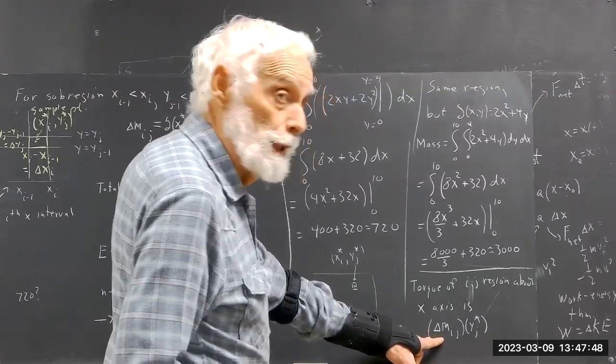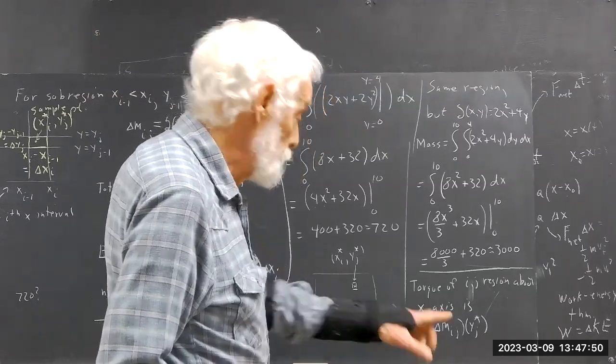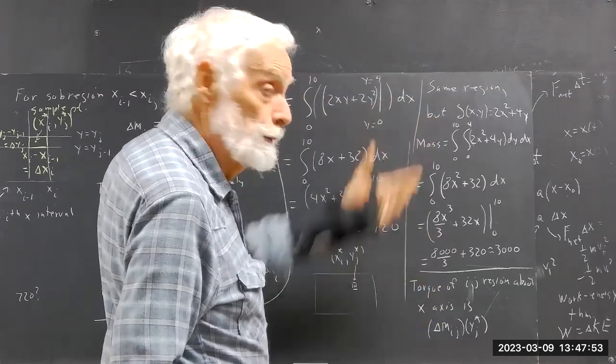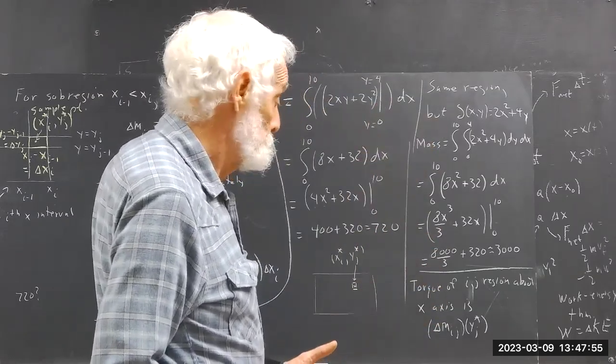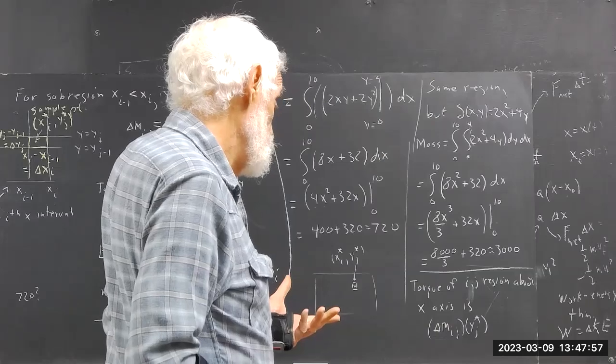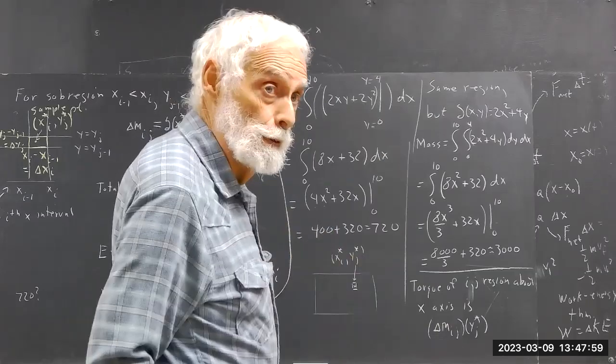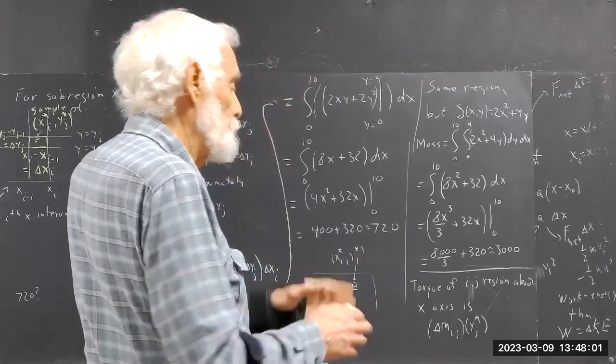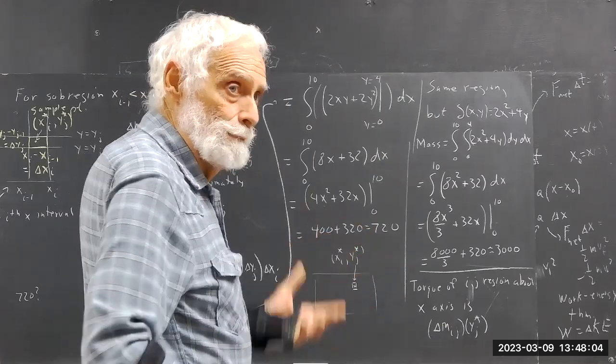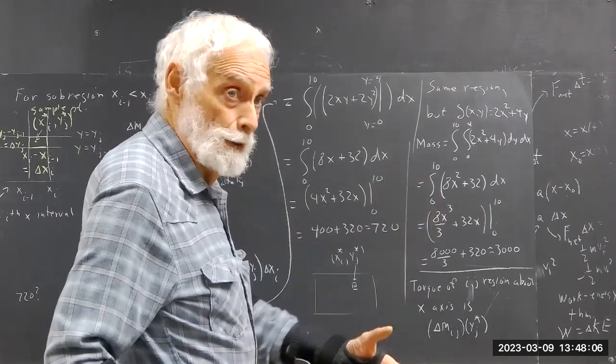We get our delta mij the same as we did. We take our density function and evaluate it at our sample point. Then our partition, we have a delta x and a delta y. Multiply the density by delta x, delta y, our area.